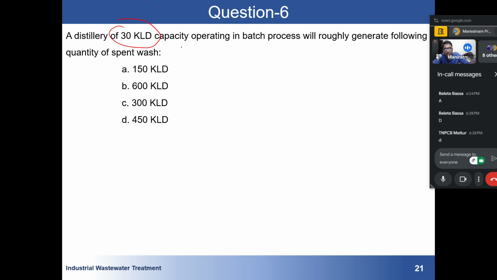If you have gone through the PDF also, there they have shown how many times the spent wash will be. That is 50 times. So 30 into 50, 15, it will be 450. So the correct answer is D.